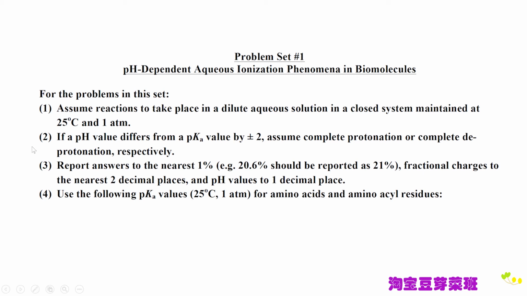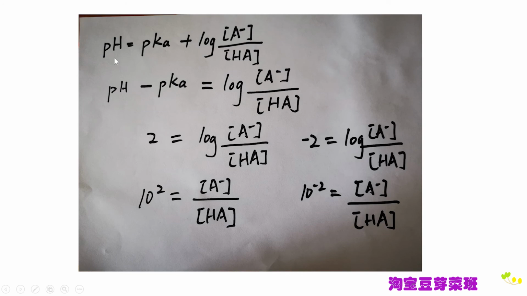As for condition 2, it is for easier calculation: if the pH value differs from the pKa value by plus or minus 2, assume complete deprotonation or complete protonation, respectively. So let's go over this condition. Also, we use the Henderson-Hasselbalch equation we just got from the previous slide, and we do a rearrangement.